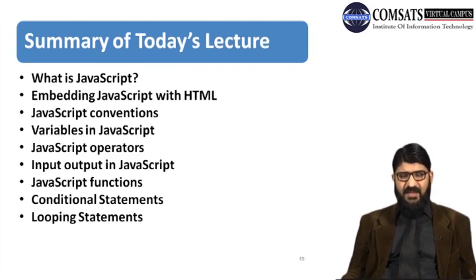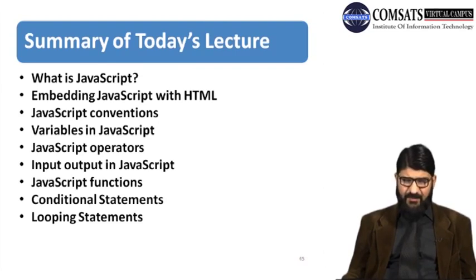Internal JavaScript is used when we want a limited number of functions in our application, and external JavaScript is used to write more functions or statements for our HTML application. Then we saw how to declare and initialize variables and how to use them in JavaScript, including local and global variables.